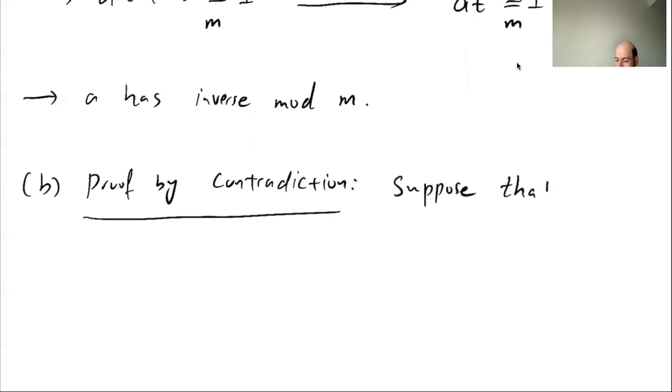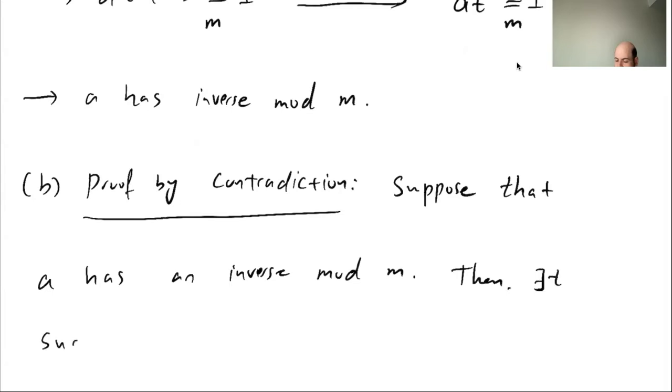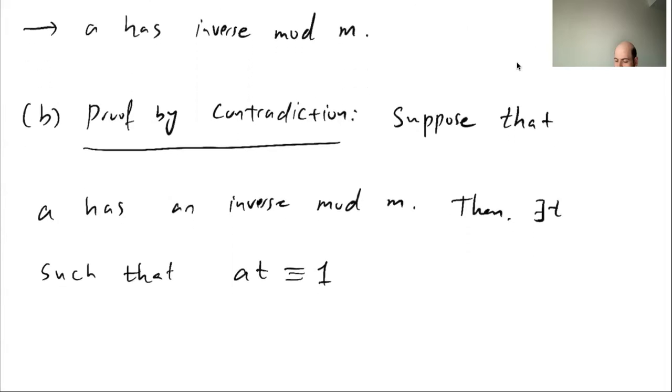Suppose that A has an inverse mod M. I want to show that A has no inverse mod M, so let's assume it has an inverse mod M. Then there exists T such that AT is 1 mod M, right? That's the meaning of inverse.